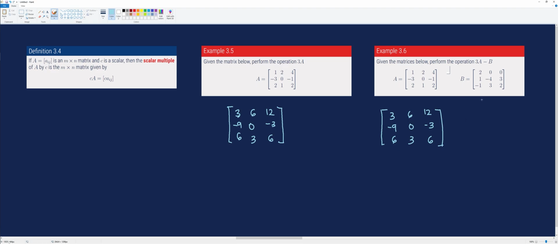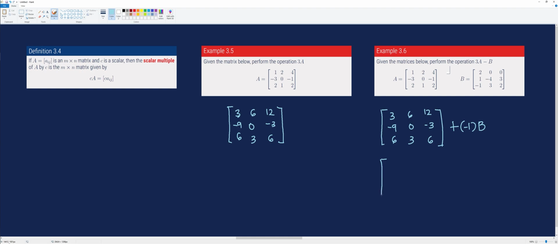Then, negative B is equivalent to multiplying matrix B by negative 1. That is plus negative 1 times B. Or, in other words, subtracting all the elements of B from the corresponding elements of matrix A.